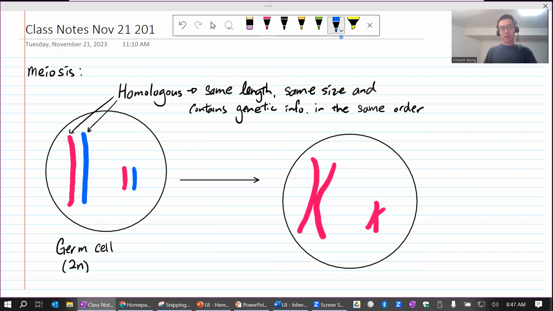The same thing for the blue one. So this is DNA replication.